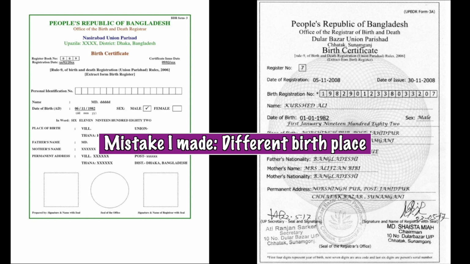They have a system where they can check the serial number of the birth certificate against the Bangladeshi database, and then they looked at our British passport and it wasn't matching. They sent me back and told me to amend the place of birth. So I had to contact my person in Bangladesh and ask them to see the chairman again and get it changed, which was a bit of a headache.